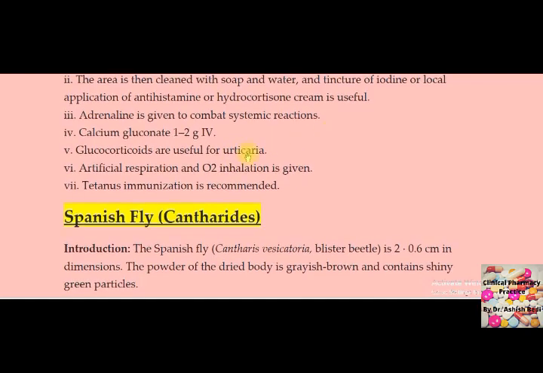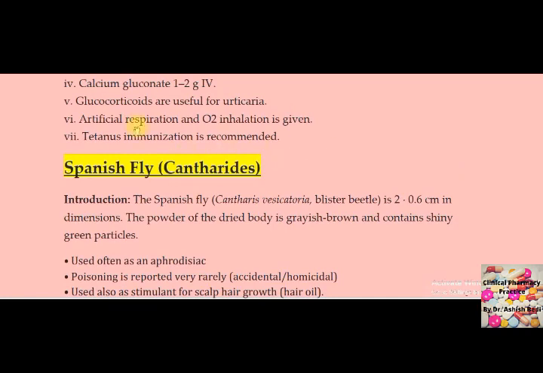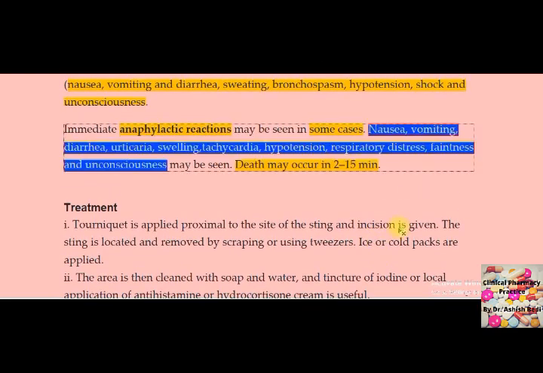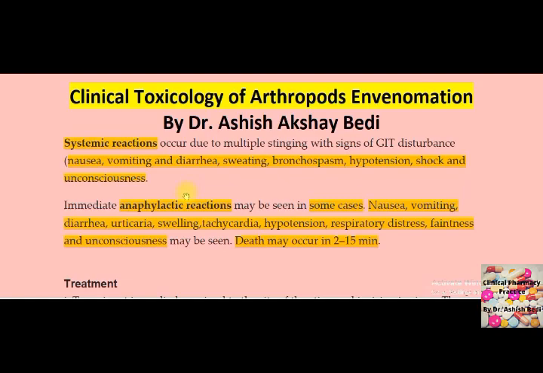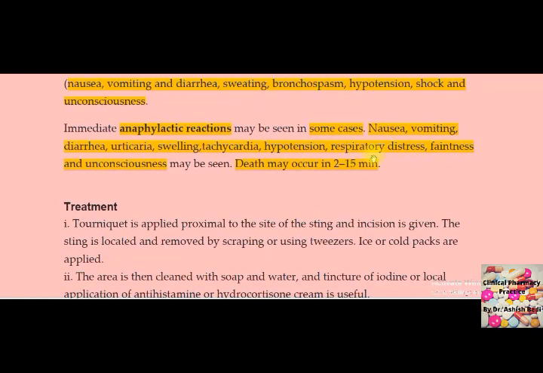We already studied that urticaria is a sign and symptom of anaphylactic reaction, and moreover artificial respiration can help when the patient enters into systemic reaction as well as anaphylactic reaction. Bronchospasm occurs in systemic reaction, and there is respiratory distress in anaphylactic reaction.